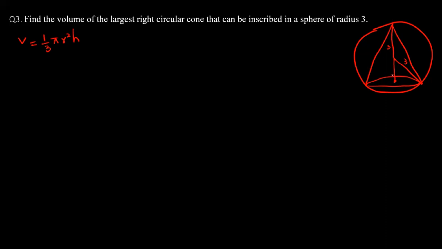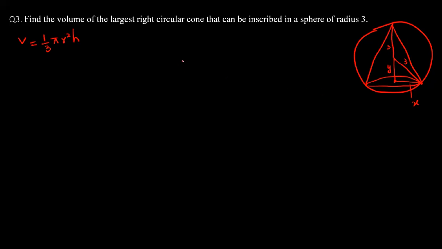So let's say the height is 3 plus this part, which we can call y. But we also need the radius of the cone, from this point to this point. We can say this is x.